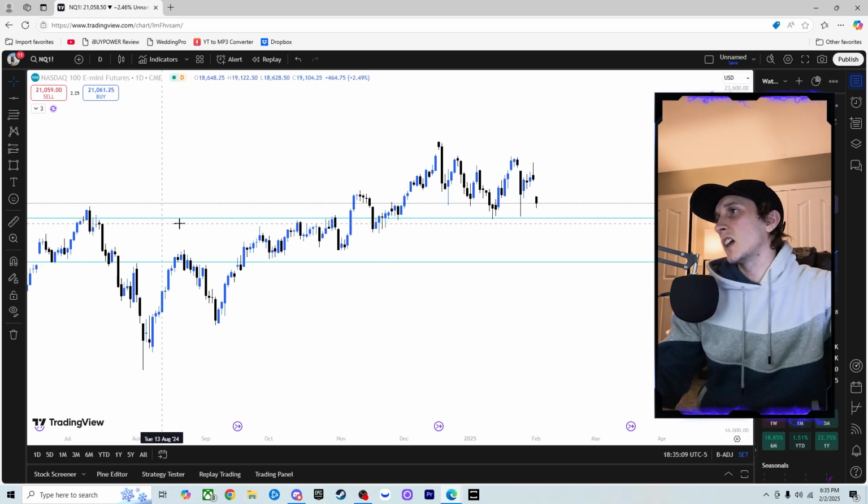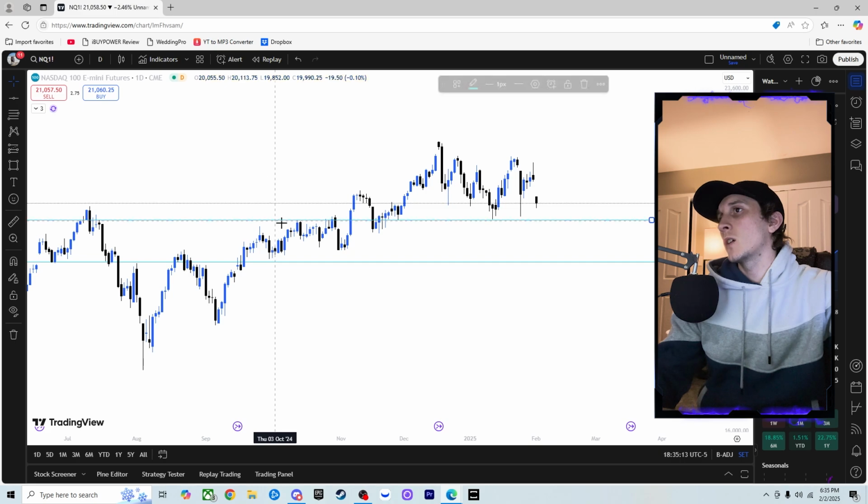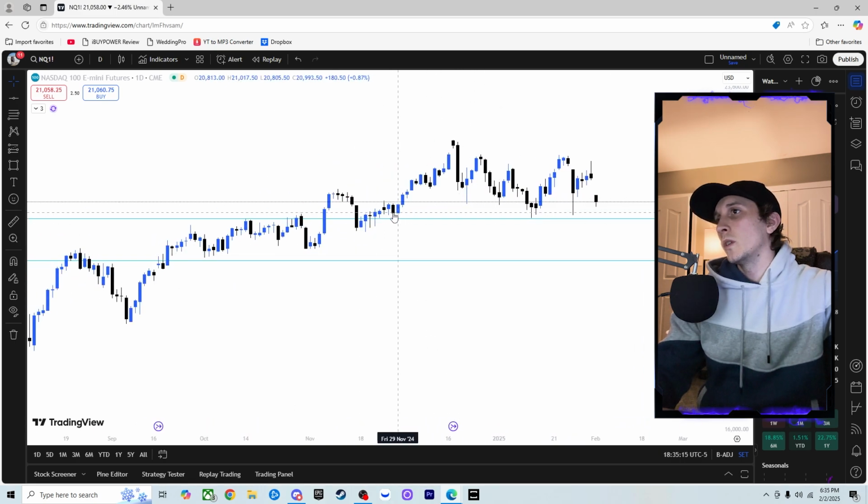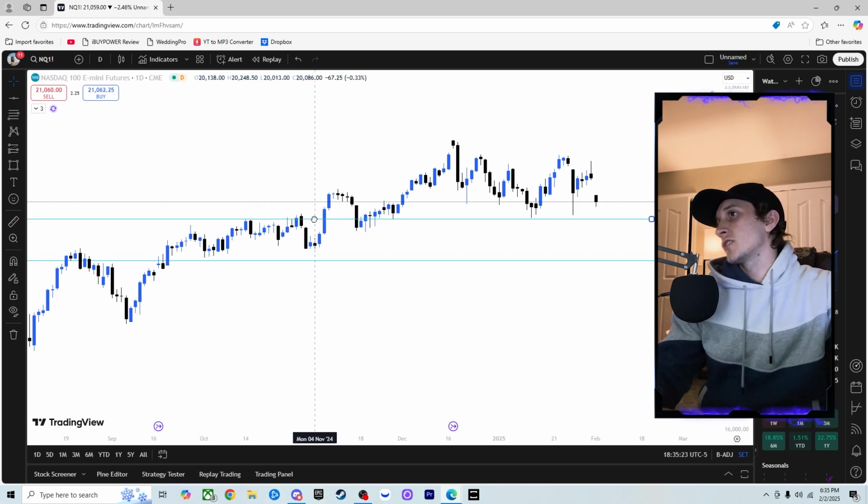So we're going to take this line here, and again, we're looking for that specific spot where we can see these little wicks. So you can see this wick down and had a nice reaction off of it, or we came up to that level, we rejected hard off of it, and we want to adjust it to be at the almost perfect level where it seems like we've had the most touch points.